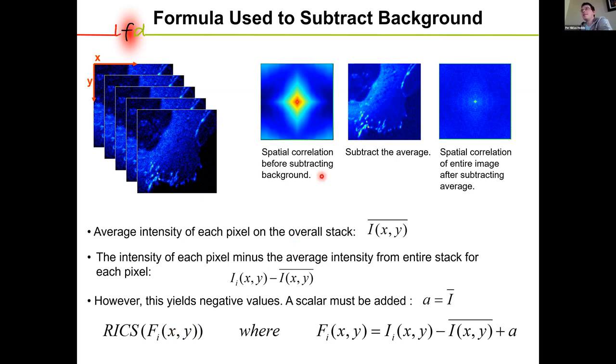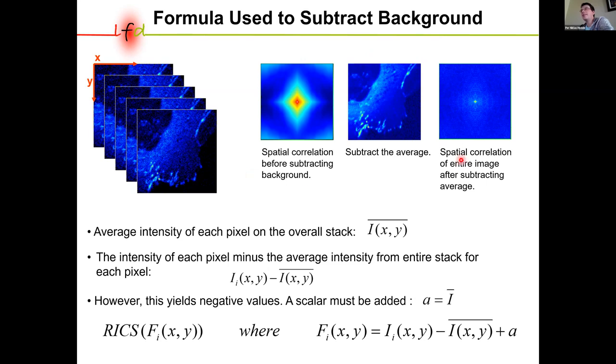So on the top right, you have this illustrated in those 3 panels. On the left-hand side, the immobile fraction subtraction was not performed. So you see a very strong correlation pattern corresponding to the average shape of the cell, which you see on the left here. Then the middle represents the average of those images taken of the cell.